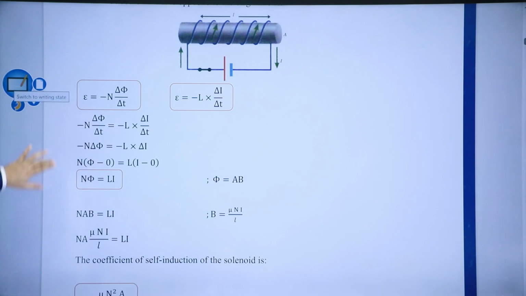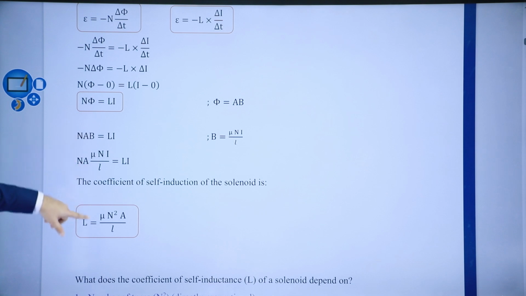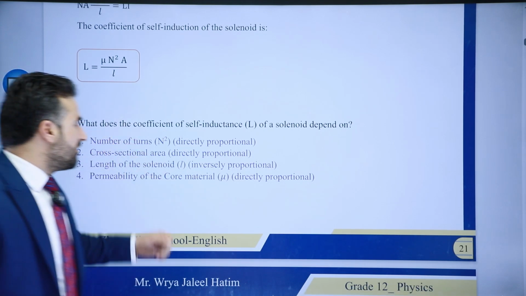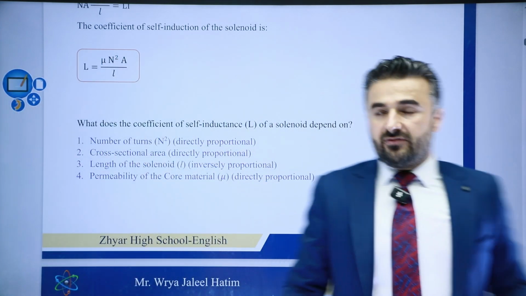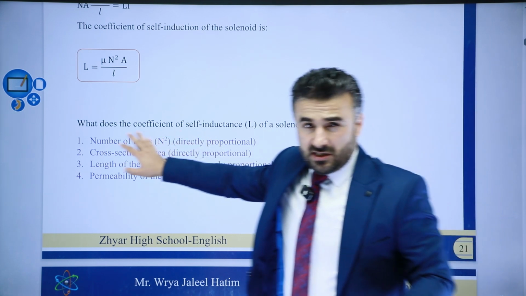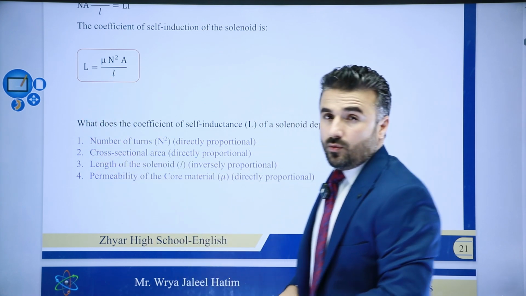So remember this, okay? So these are basically the equations that you are going to need, or you're going to use. Okay, so now we can ask this question here: what does the coefficient of self-induction or inductance of a solenoid depend on? Like we said, whenever you see questions like this, always write the equation, and then based on that you can tell what it depends on.